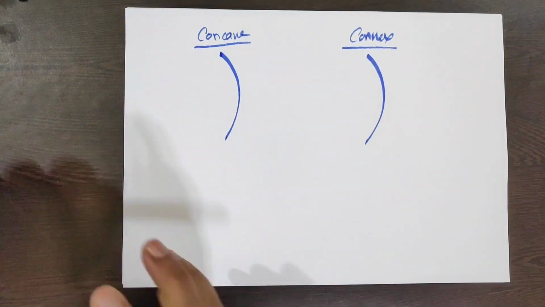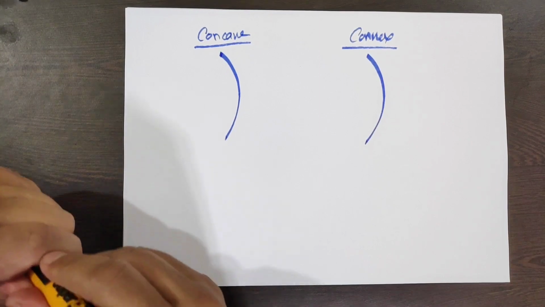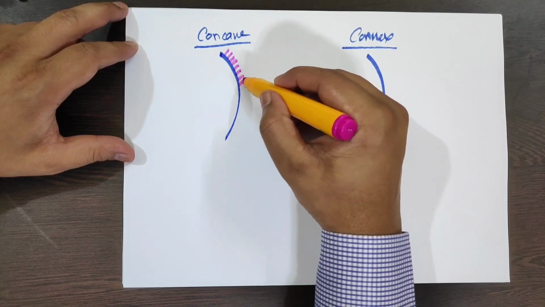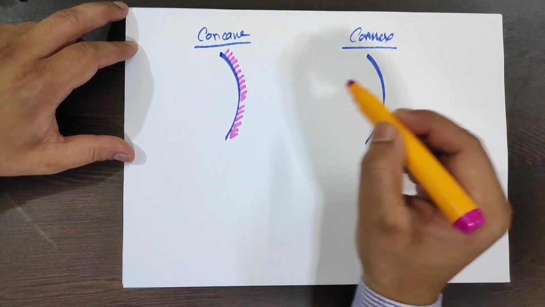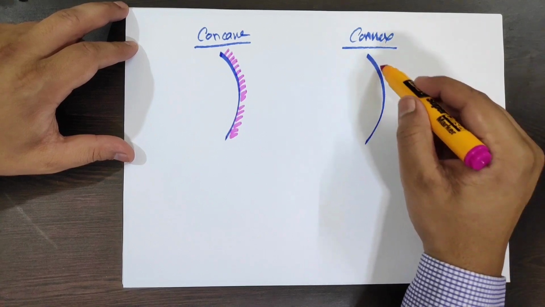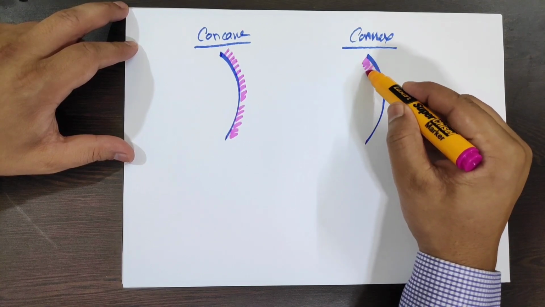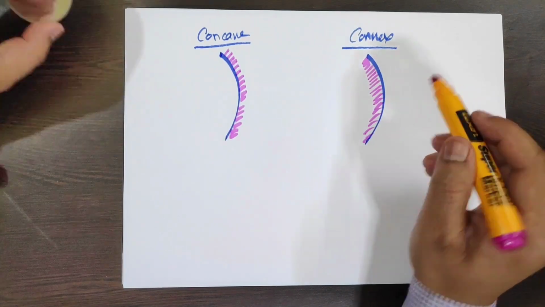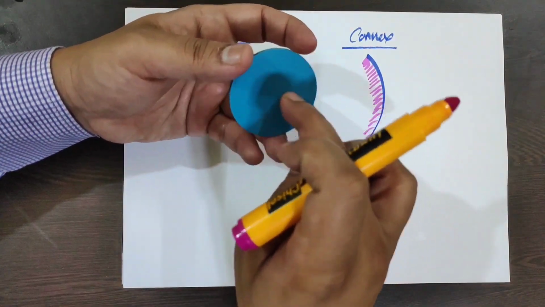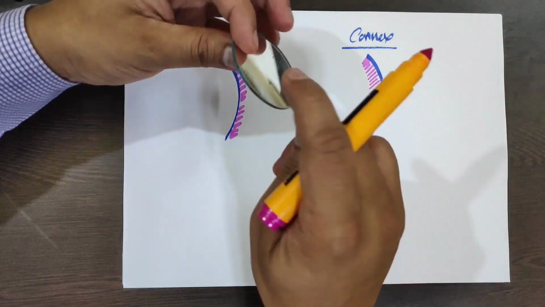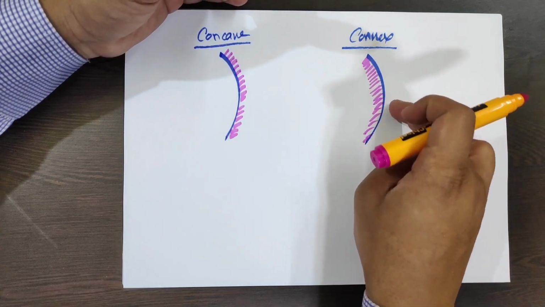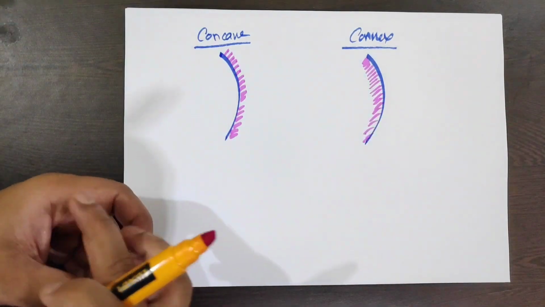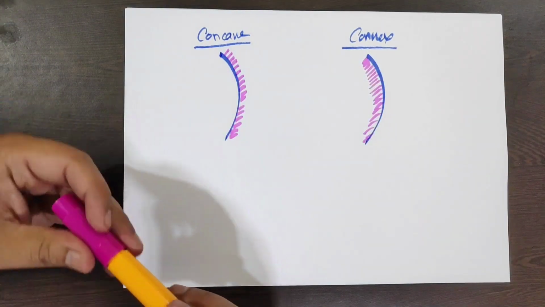See, this is the concave mirror, where the reflecting part is the concave part, and this is the convex mirror where the reflecting part is this, and this is a silvered part. Say for this mirror, this part is a silvered part, it is shown by this, and this part is the reflecting part, the shining part where light reflects. So this is the concave mirror and the convex mirror.